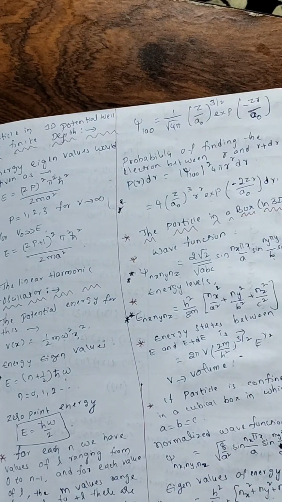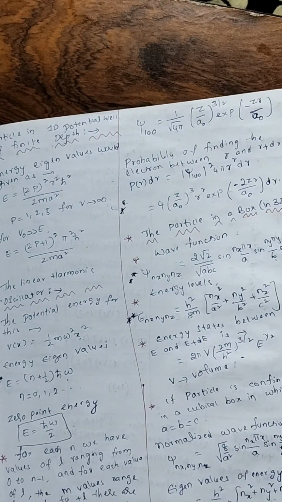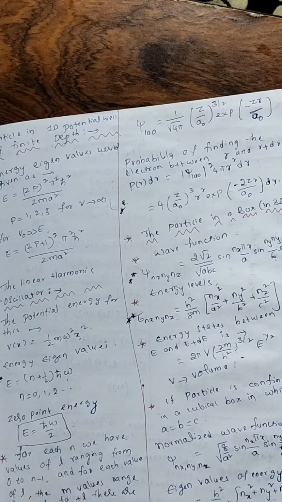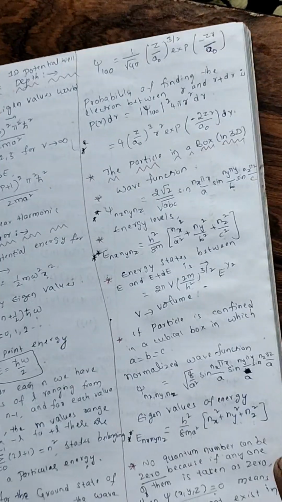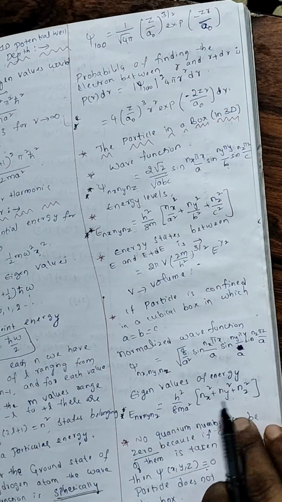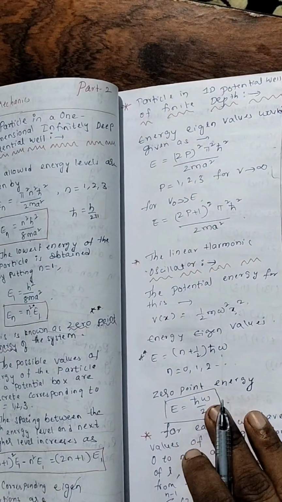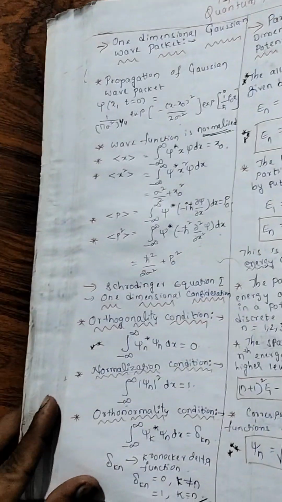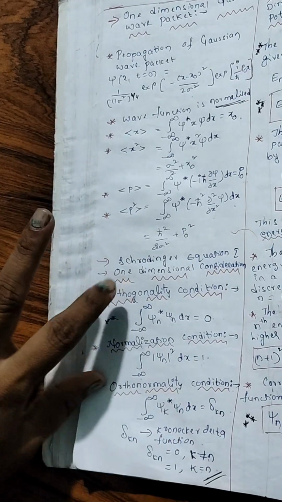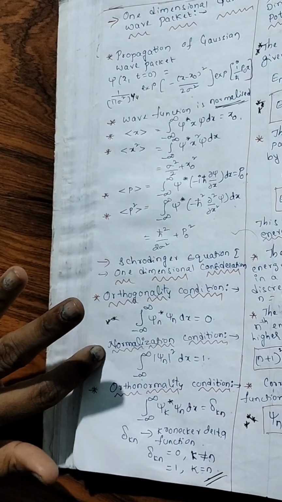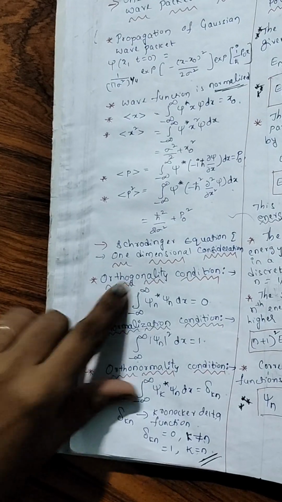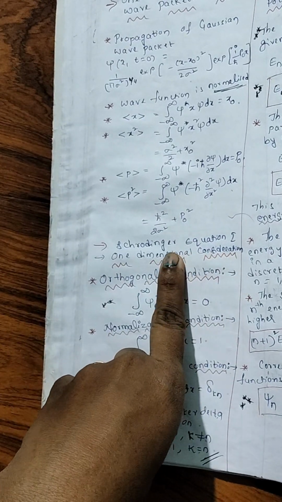He will ask what is the formula for eigenvalues of energy, and he will give the formula in the option. You have to write down that particular formula. Okay, zero point energy. Right? And also you be perfect with these 3 conditions: orthogonality, normalization, orthonormality condition for one-dimensional Schrodinger equation.